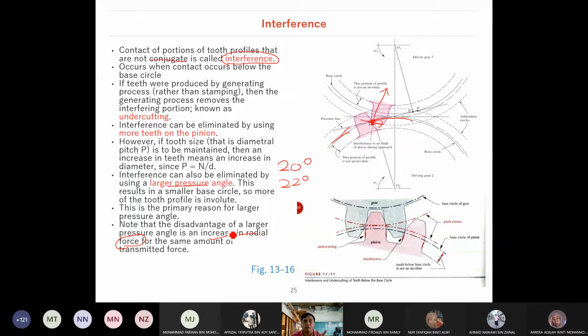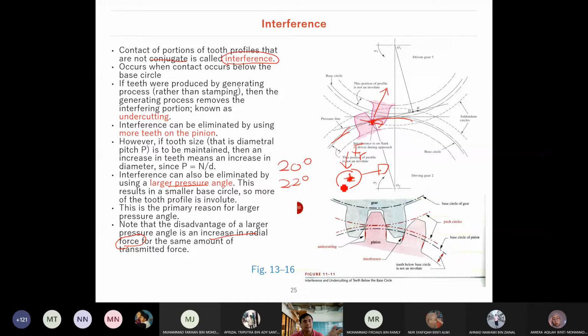Our transfer of the load between the teeth is basically based on the tangent force. So if there is radial force, it means you put pressure on the shaft. For example, you have a shaft, and this is the radial force. What you put forward to the radial lands on the shaft.